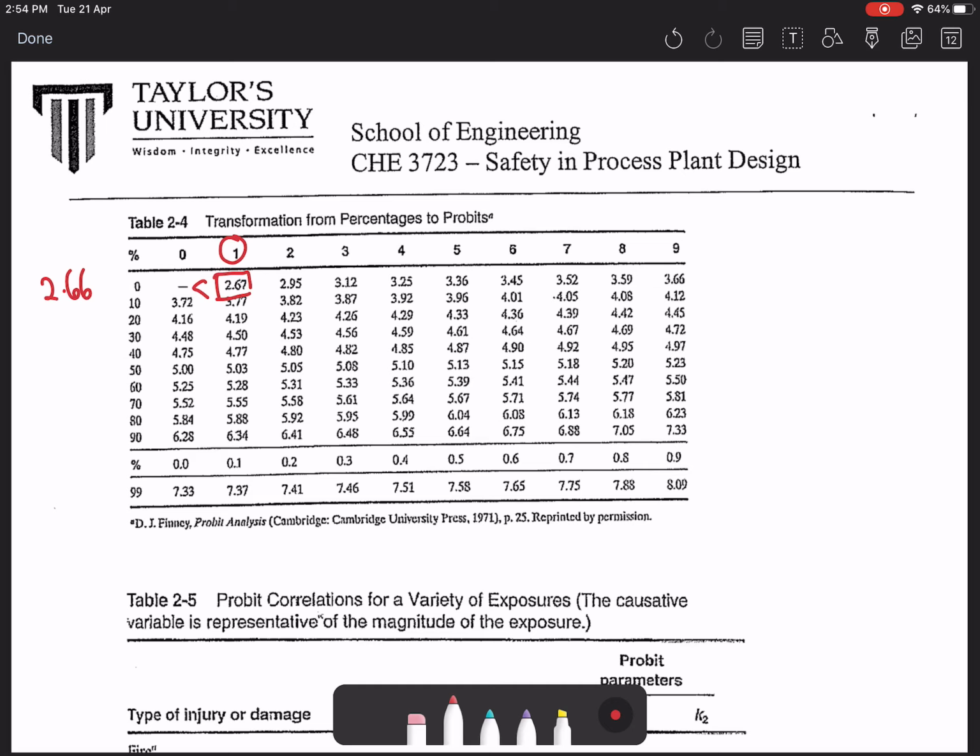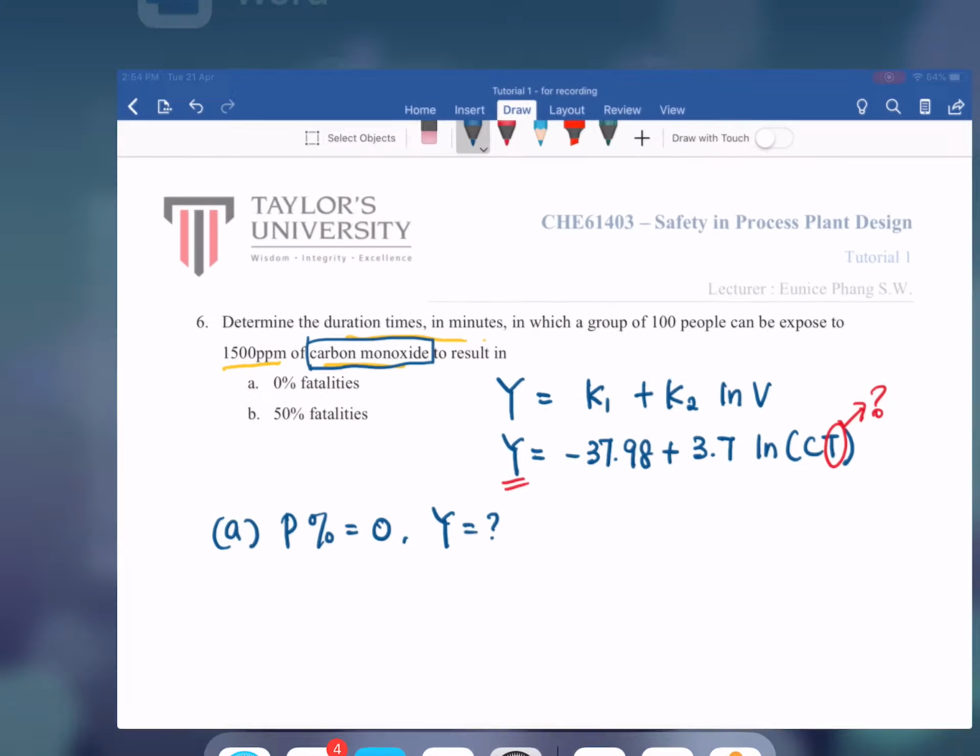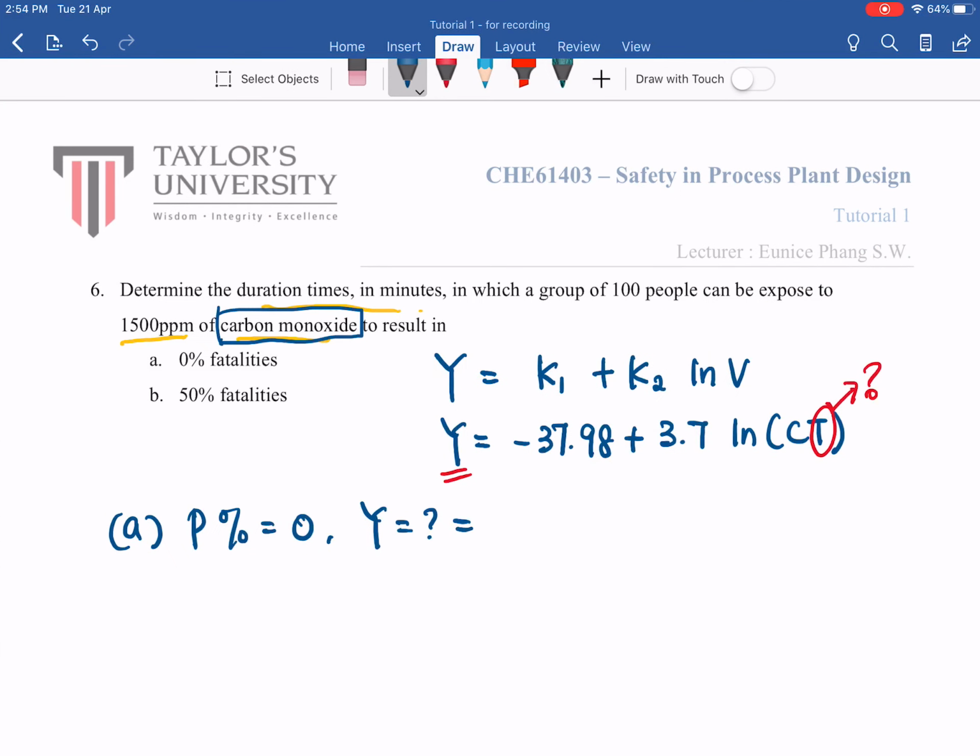Anything between 0 to 2.66, the results will be 0% fatality. So we get the highest value, in this case 2.66. Yeah, so we put that back. So the Y value here is 2.66 to do the calculation. So meaning this is the maximum duration that the people can be exposed to, T maximum, when P equals 0%.